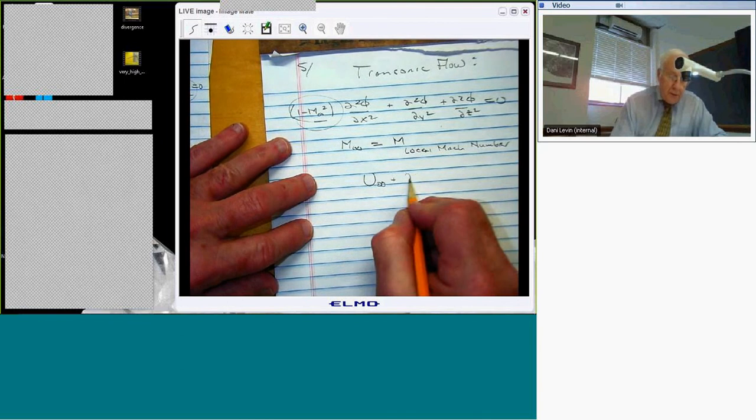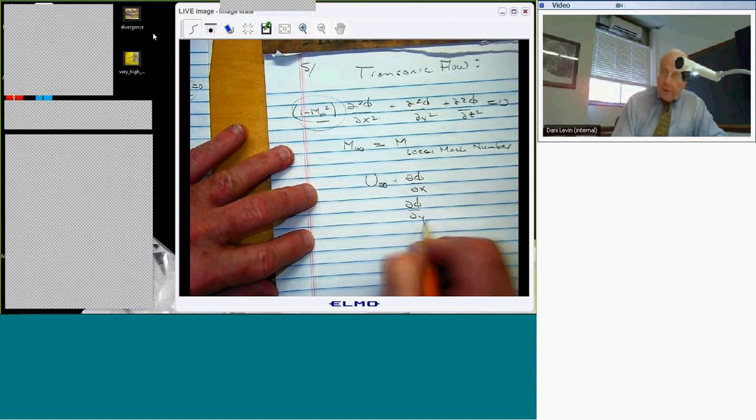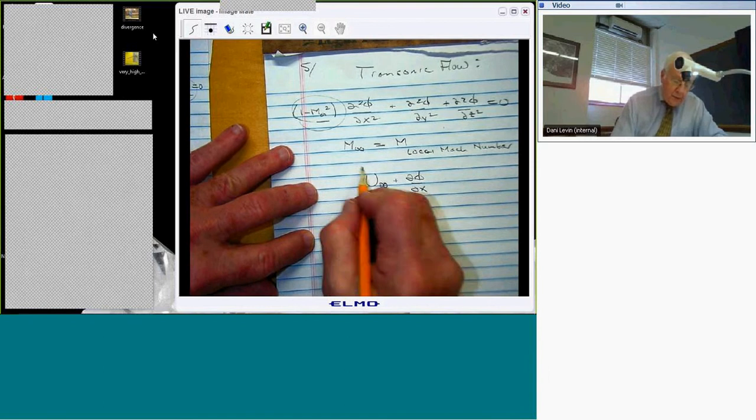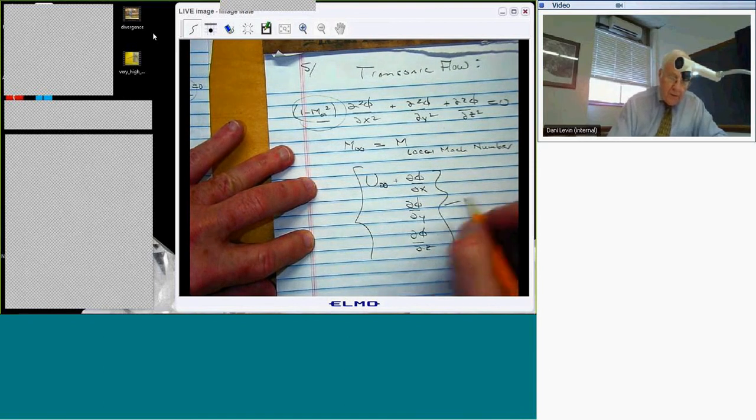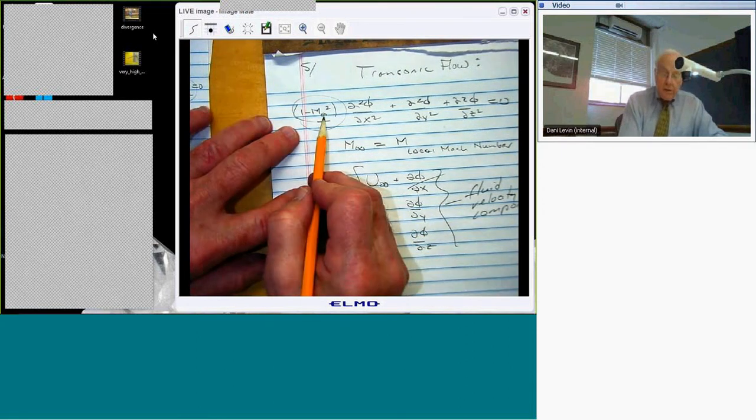It's U infinity plus dφ/dx, right? It's dφ/dy in that direction and dφ/dz in that direction. So these are the fluid velocity components. And essentially what we're doing is we're neglecting that term as far as this term is concerned compared to that.